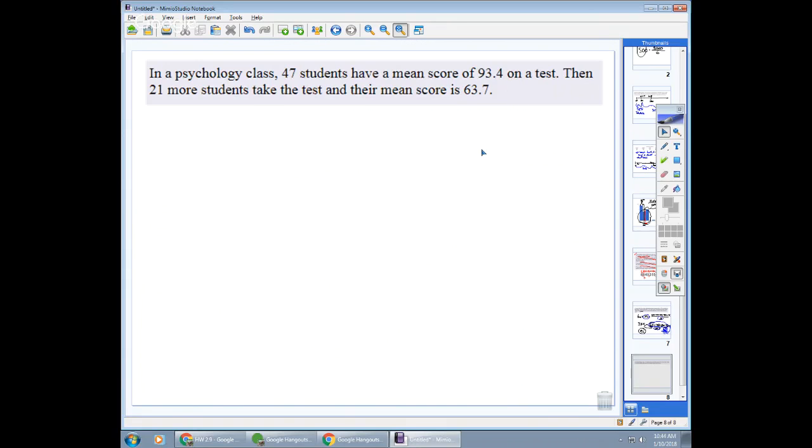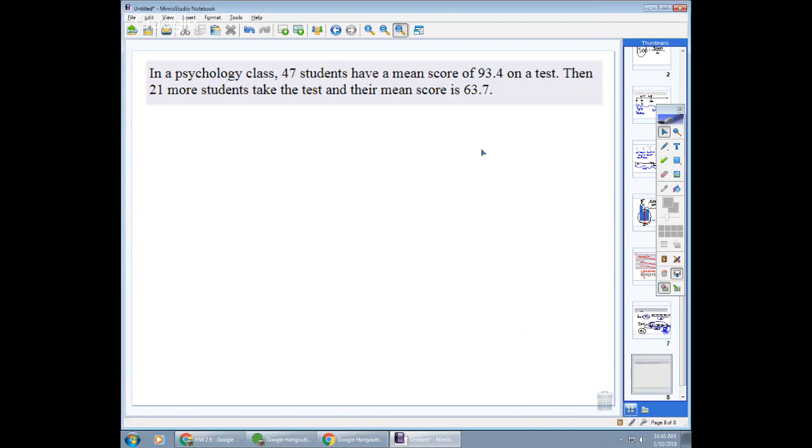So in a psychology class, 47 students have an average score of 93. And 21 more students take the test and they get an average score of 63.7. And so what we want to do is if we take all 47 and 21 students and throw them together, what's their new average? Now just think about the 47 for a minute.